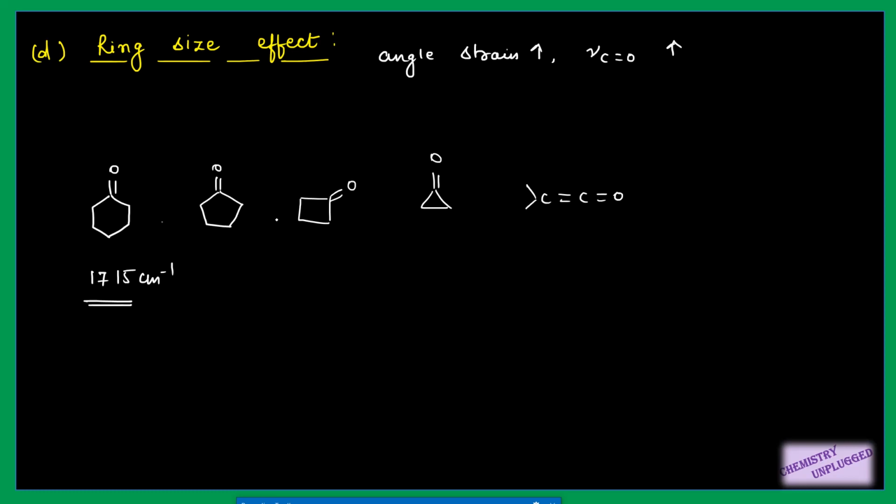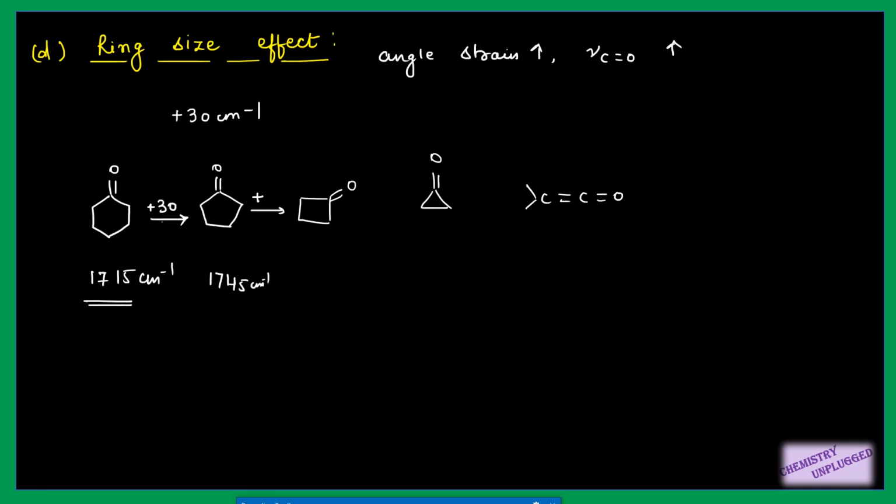For cyclopentanone, this value will increase by 30 centimeter inverse and it will become 1745. Each time you move from the higher member to the lower member, the vibrational frequency will increase by 30 centimeter inverse. If the base value for cyclohexanone is close to 1715, then for cyclopentanone it will become 1745, right? You have to add 30 to it.